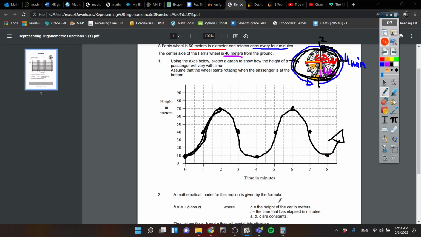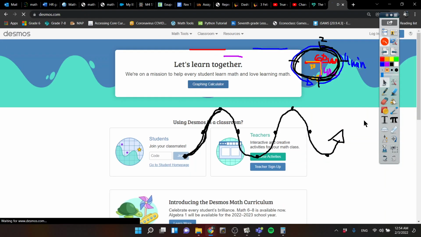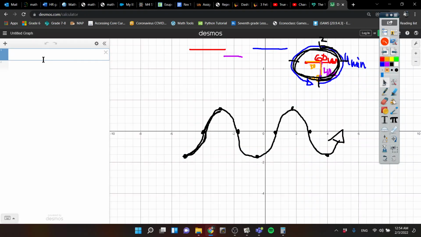So now we need a mathematical model for this, and we've got the formula a plus b cosine ct. Well, I wouldn't mind however you went about this, so maybe I'm just going to go to, for example, Desmos, and if I get my graphing calculator, I could just say y equals a plus b times cosine of c t, I'll put x.